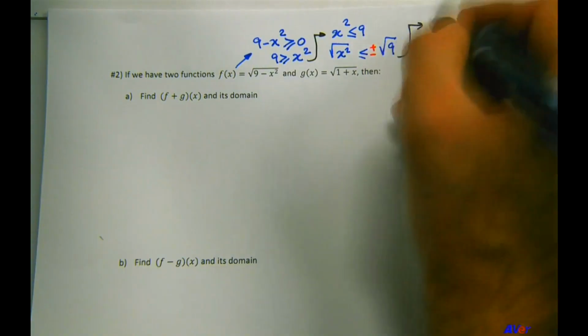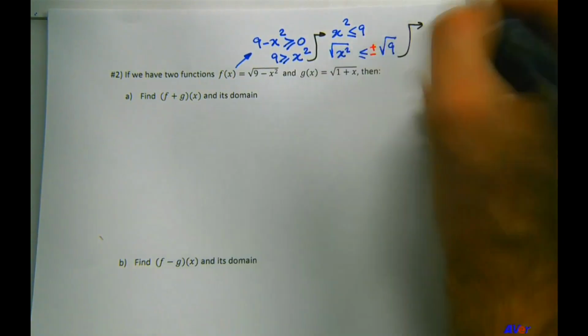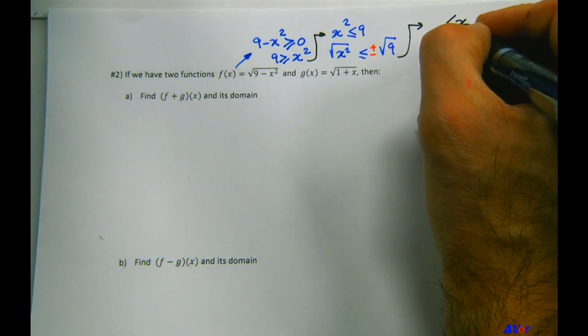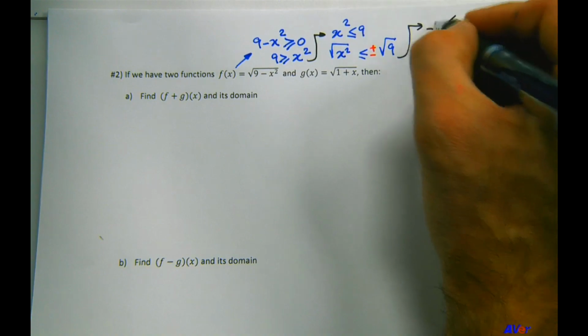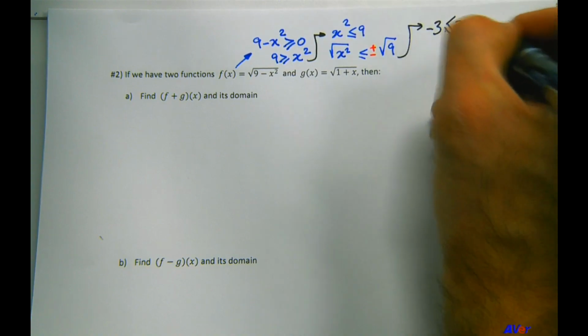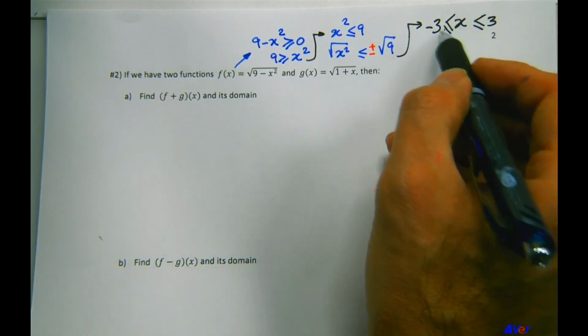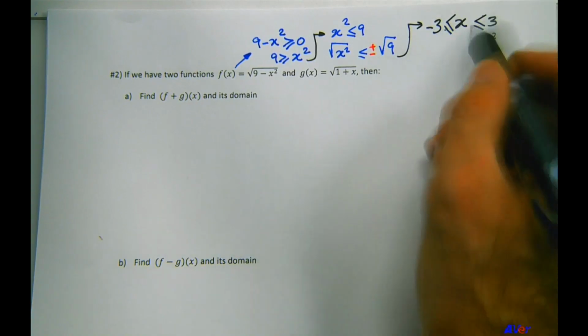Therefore, we're going to have x being between negative 3 and positive 3. So x can be between and equal to -3 and less than or equal to 3.